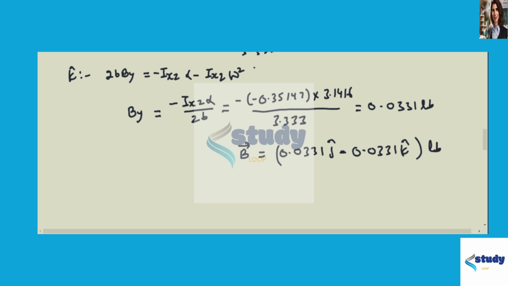Similarly, as we know dynamic reaction at A is negative of that at B, so A could be written as minus 0.0331 j cap plus 0.0331 k cap.